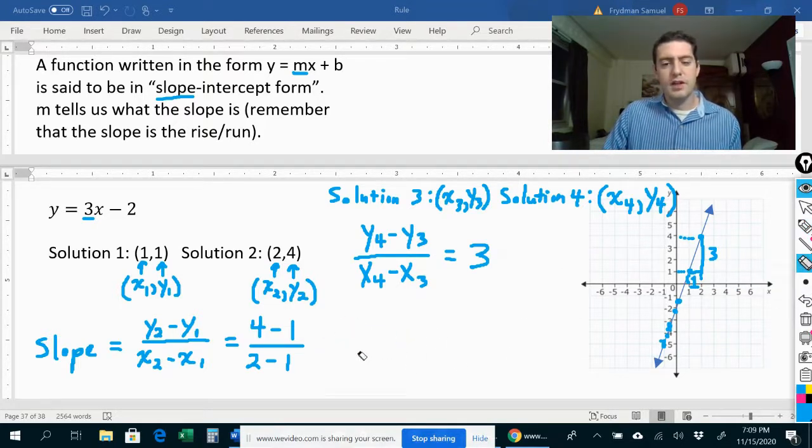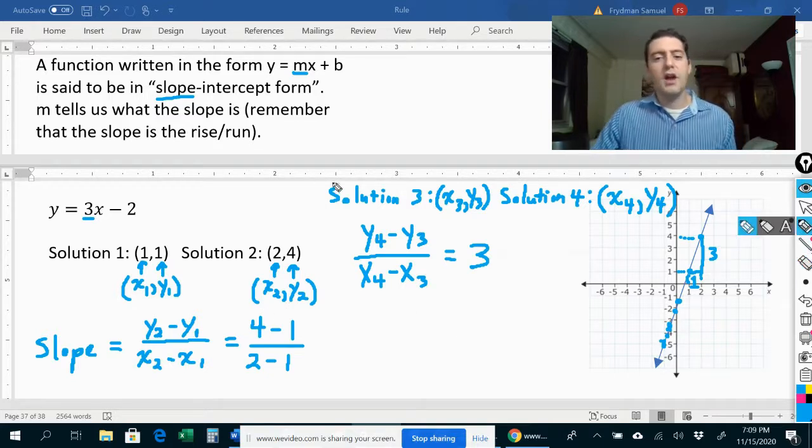Erase this for a second. And here's how we can do it. We're going to think logically. I don't know what these numbers are, but I do know, or I'm assuming, that this is a solution to this equation. That means if I plug this number in for x, whatever it is, and I plug this number in for y, whatever that is, then both sides would be the same.